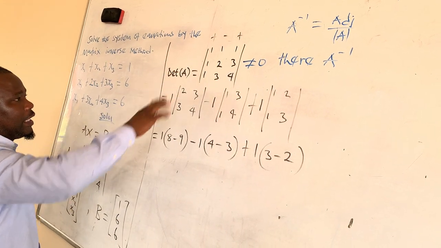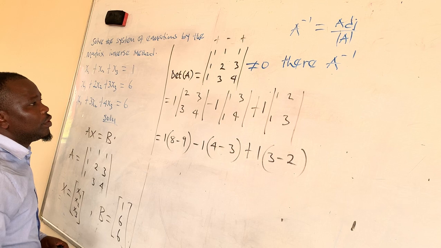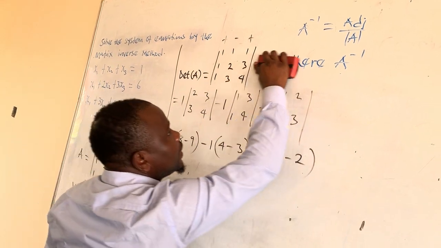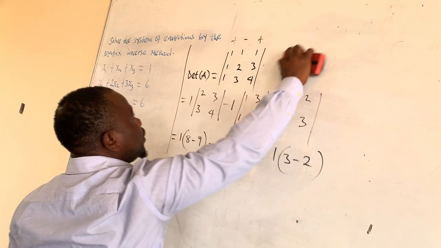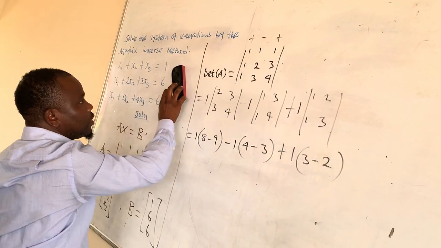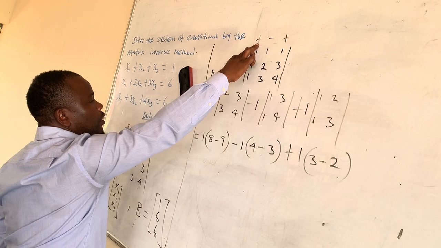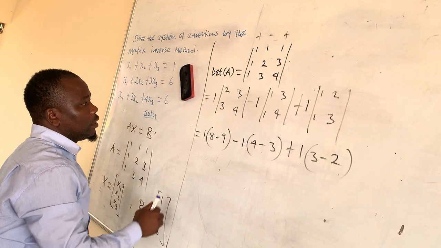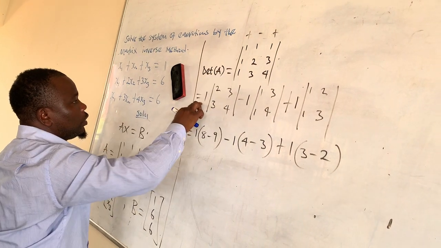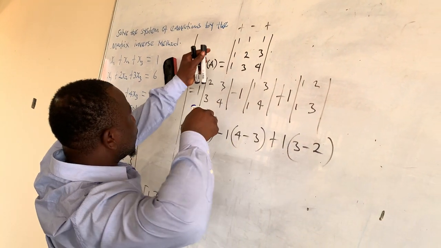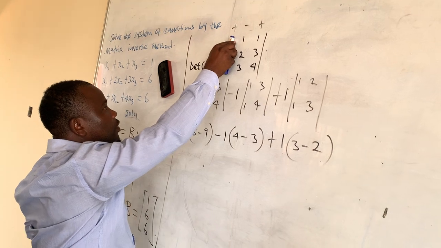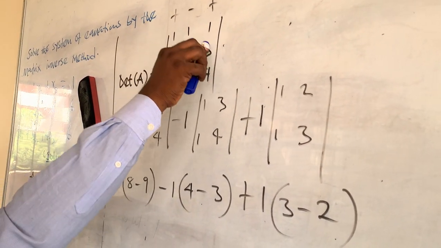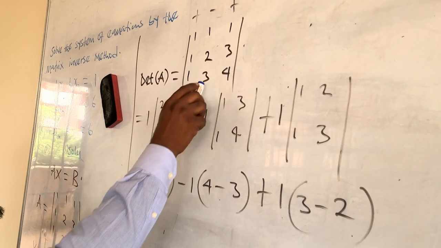In our last video using Cramer's rule, we did the same thing. We have plus, minus, plus, and our 1 will cover the first column and the first row, so we are saying 2, 3, 3, 4.